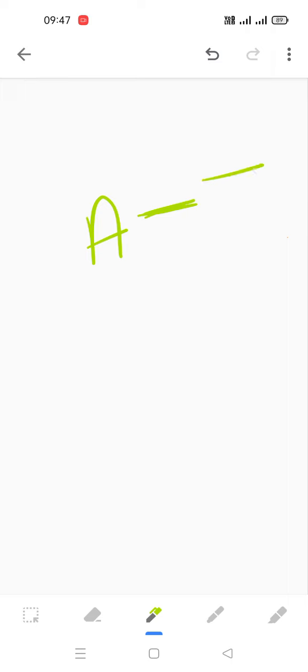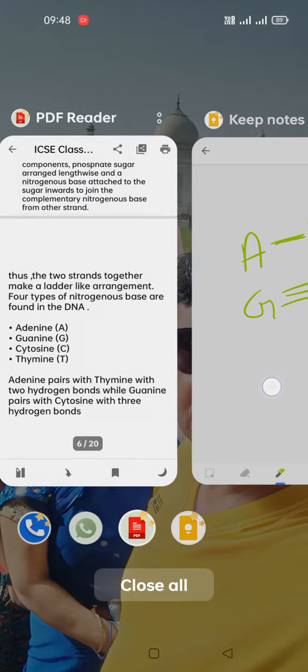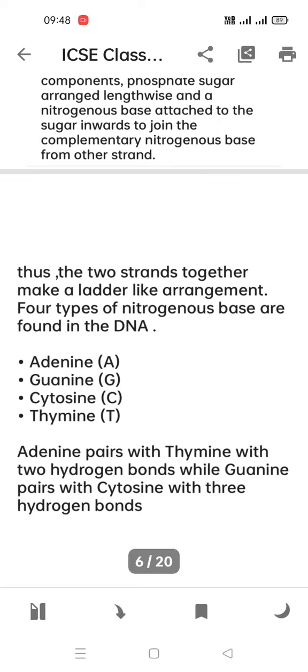We represent the single bond like this, A with T, and the triple bond like this, guanine with cytosine. So like this they pair with each other: adenine with thymine by a single hydrogen bond, and guanine with cytosine by a triple hydrogen bond.